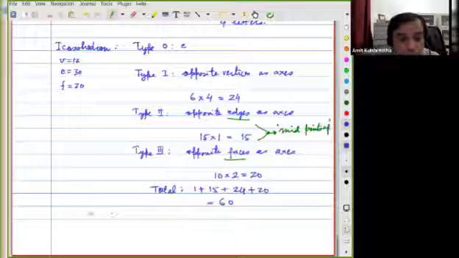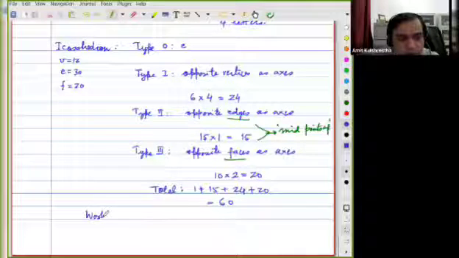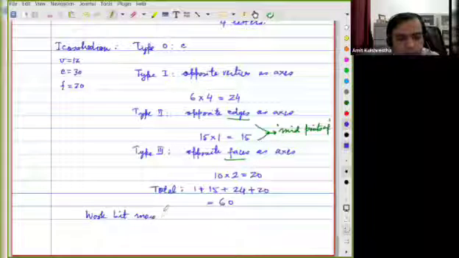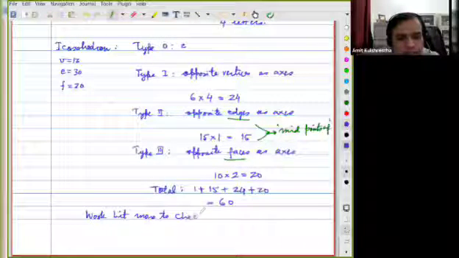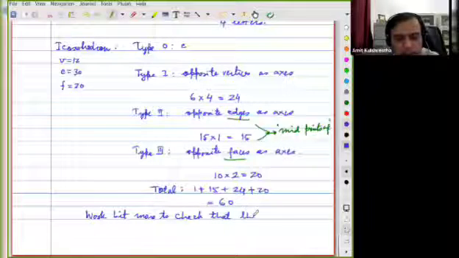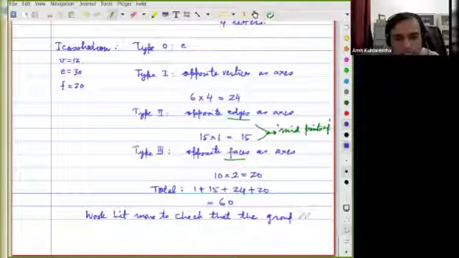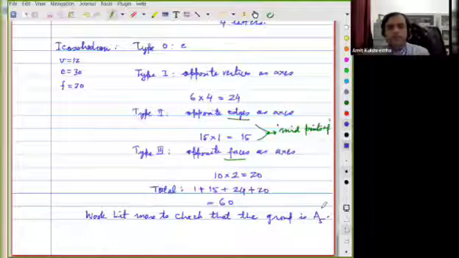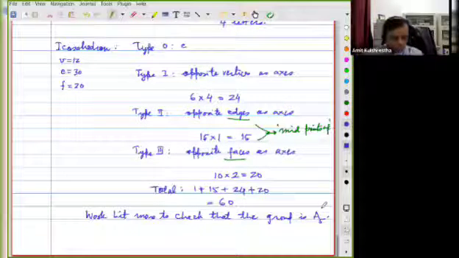And you work a bit more to check that the group is actually A5, what is called the alternating group on 5 symbols.